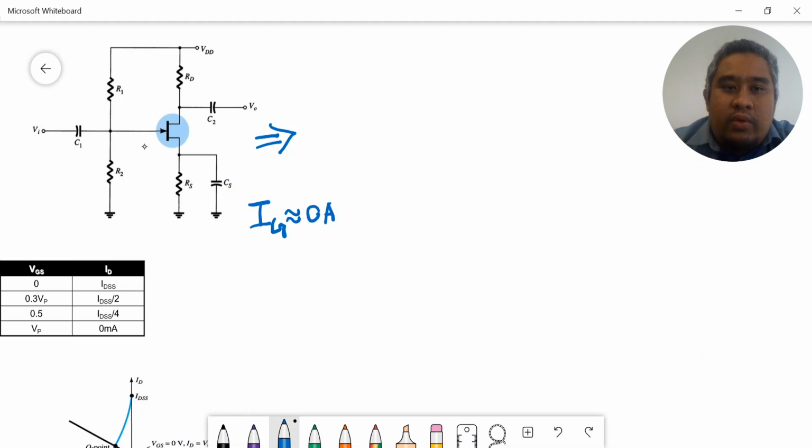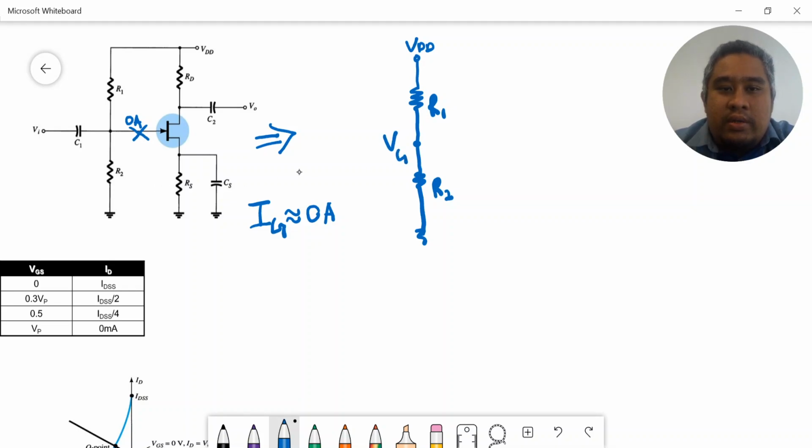When our IG equals 0 amp, we can cut this line. So our circuit will be separate circuits for R1 and R2.